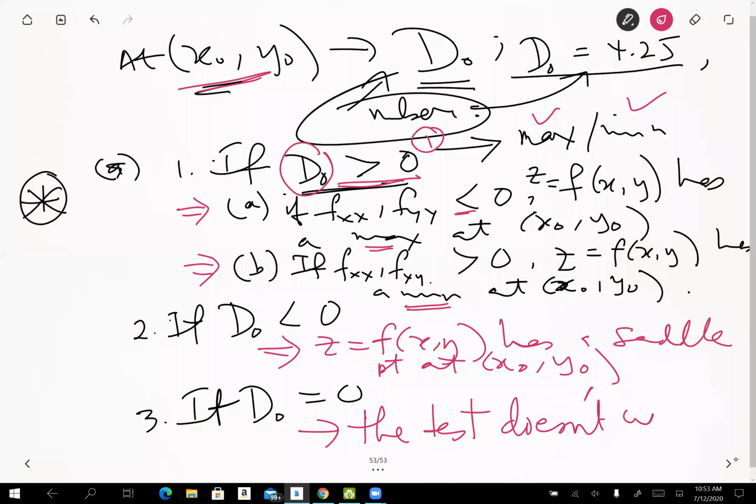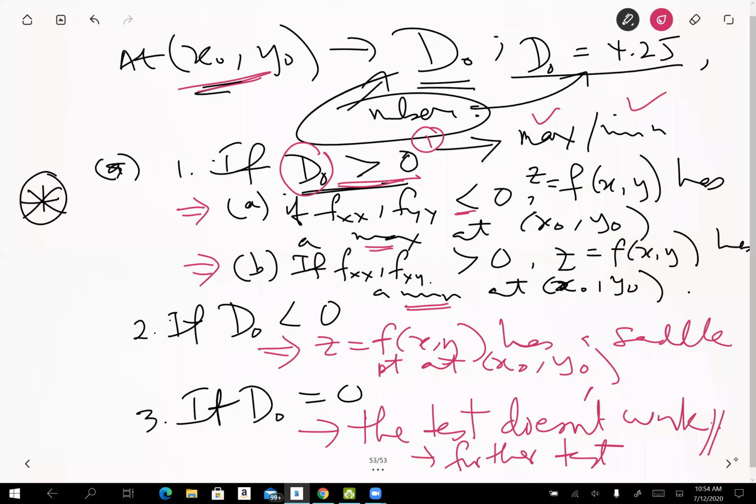Because the test has limitation also. So if it is equal to 0, that means you have to have a further test. This is quite critical. You have to have further tests in order to test whether you have a maximum or minimum. But the test doesn't work. And normally you don't have a maximum or minimum, so don't worry about the thing.